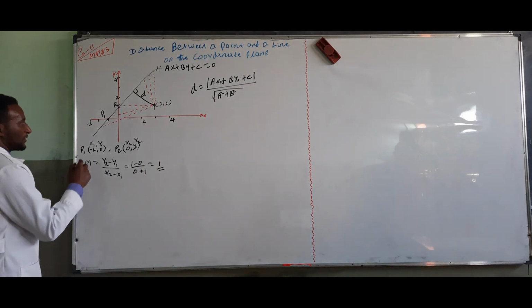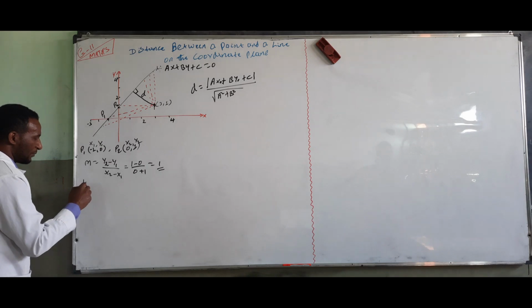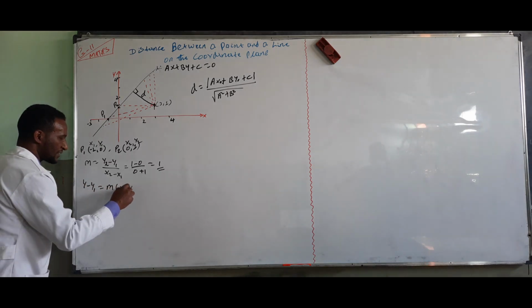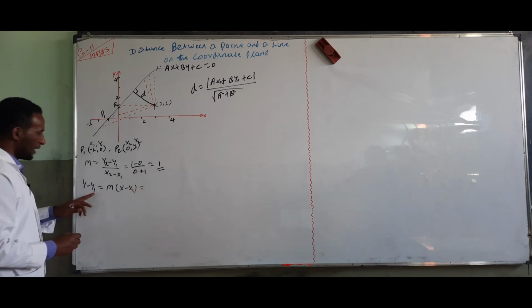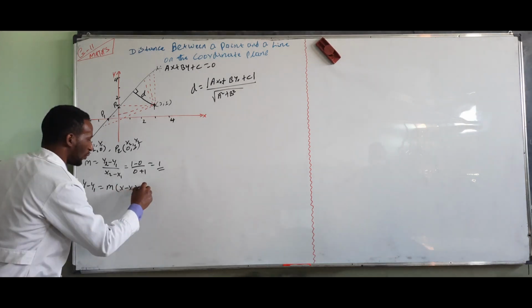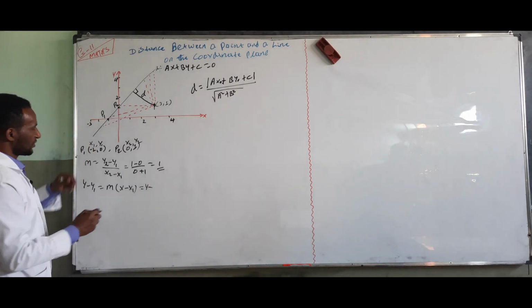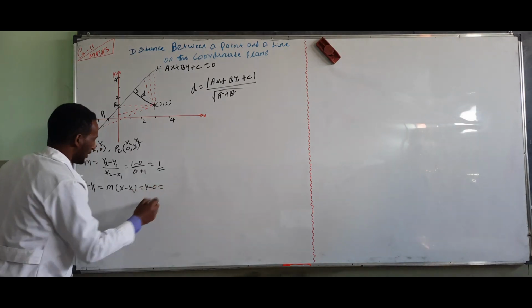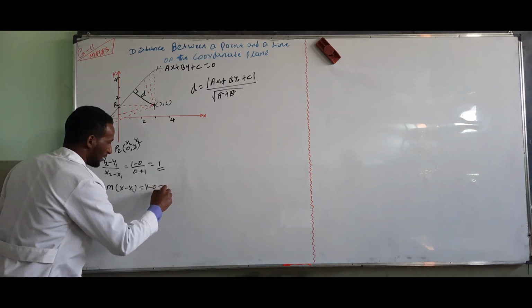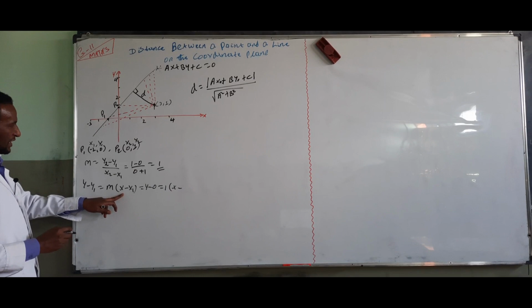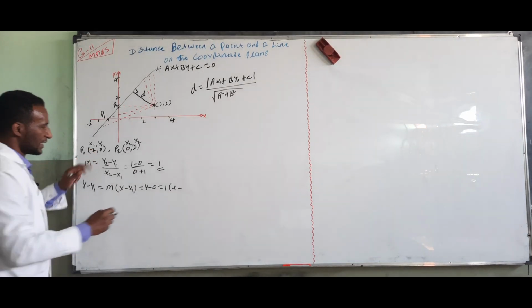Then to find the equation of this line, y minus y1 is equal to m times x minus x1, which is y minus 0 is equal to 1 times x minus negative 1.